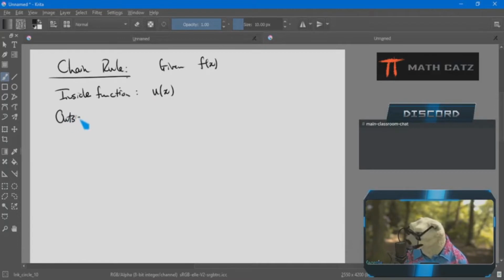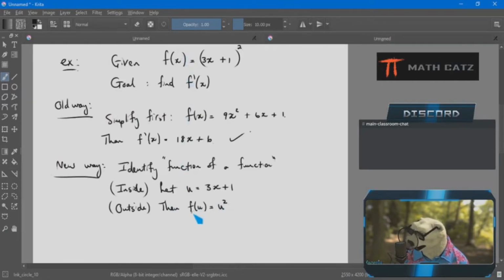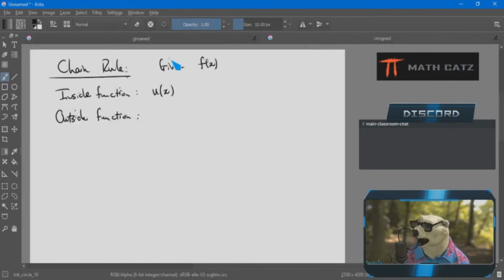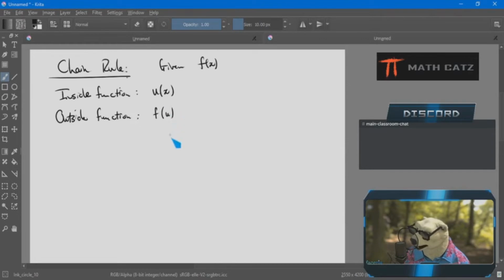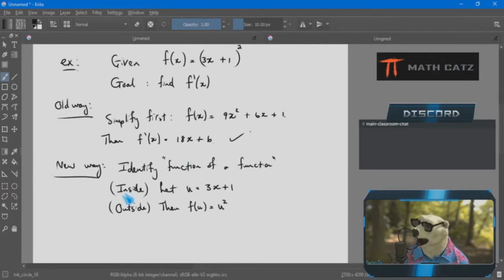With it will go my outside function that, just like we did here, we'll call f. Well, it's the name of the original. And as far as that function is concerned, its variable is u. So the key here is to look at these with blinders on. When I look at the inside function, there is nothing else.